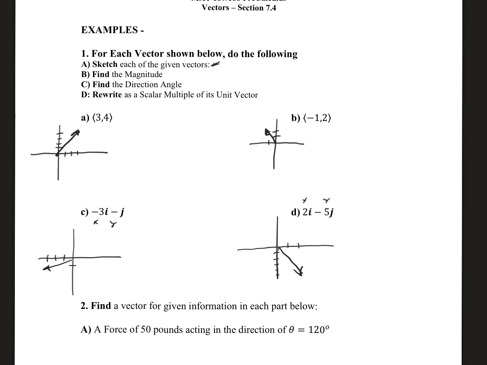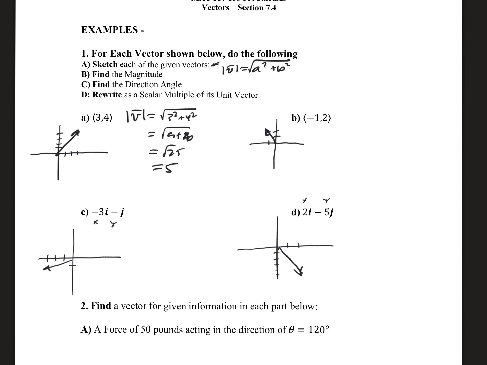To find the magnitude, remember the magnitude of my vector is the square root of my a coordinate squared plus my b coordinate squared. It's essentially your Pythagorean theorem, something that we've been used to for a while. So the magnitude of this vector is the square root of 3 squared plus 4 squared, which is 9 plus 16, square root of 25, so we get 5.